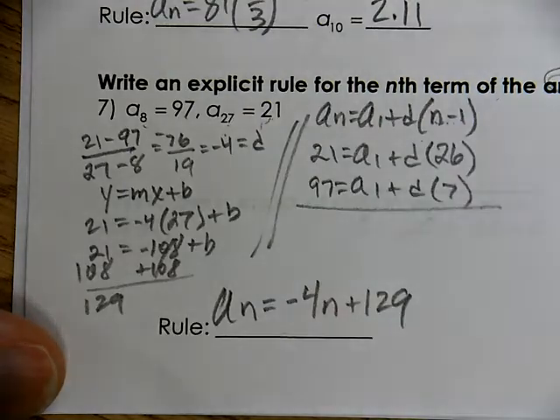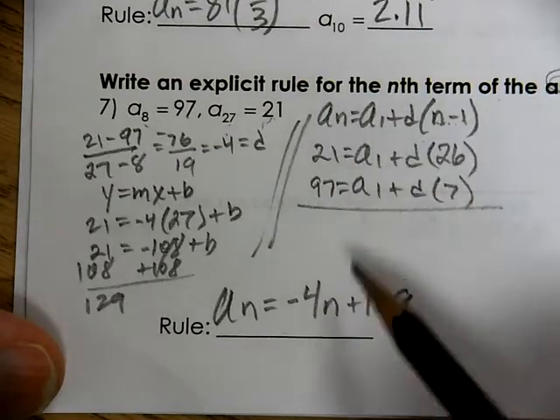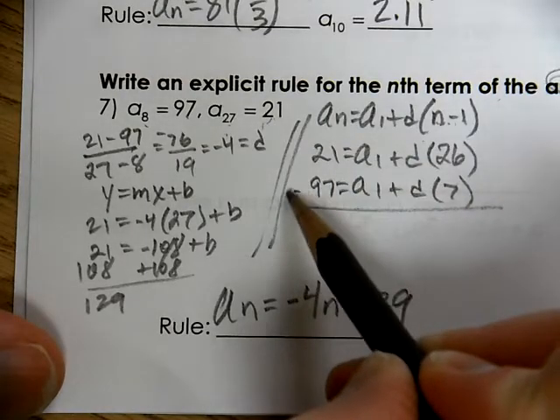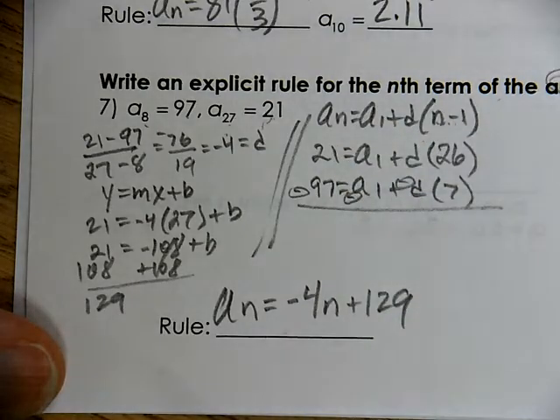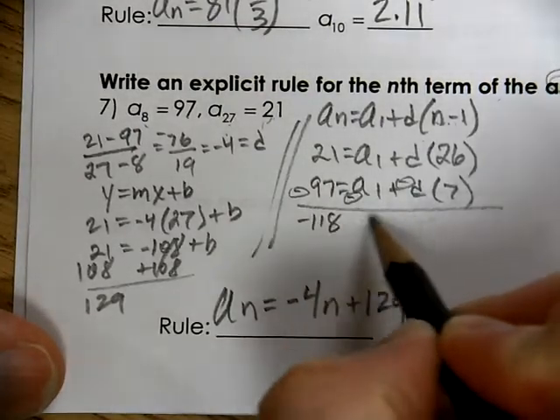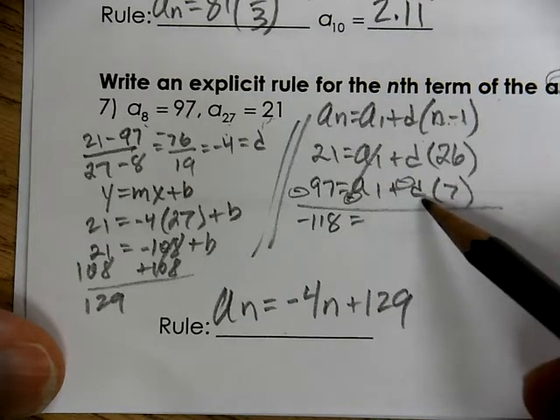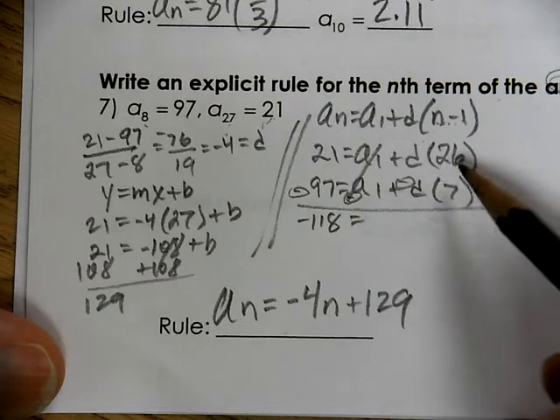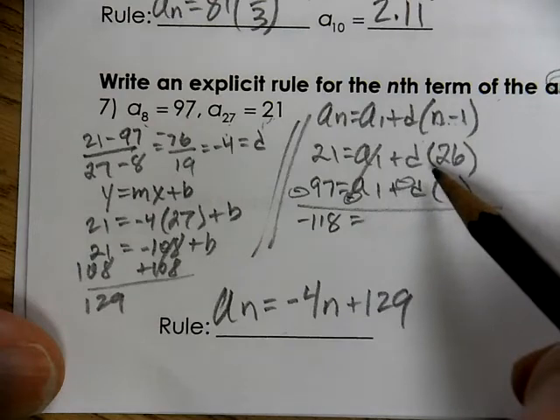Now we're going to treat this as a system of equations. So we're going to multiply through and subtract each of these terms. So we're going to get our 97, subtract the 21, and these cross out completely, and we have essentially negative 7d.